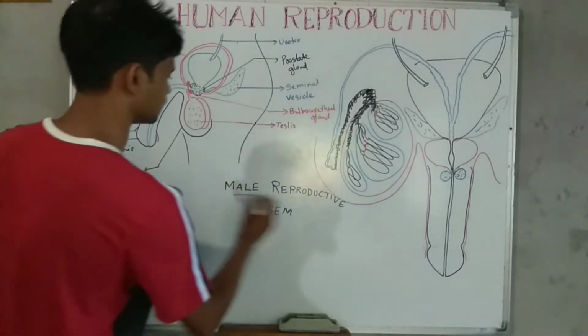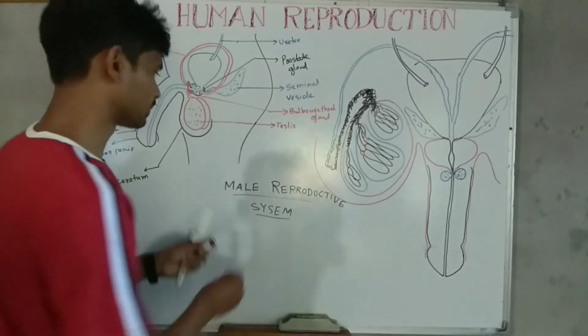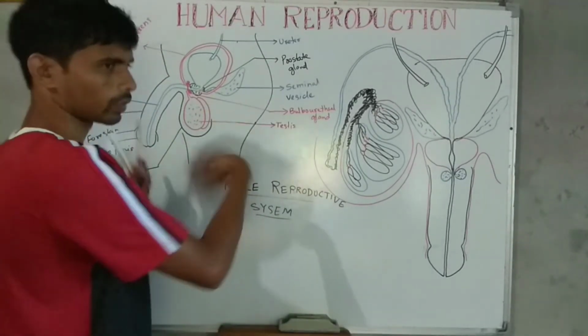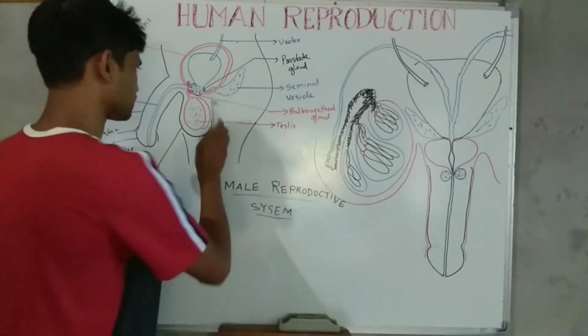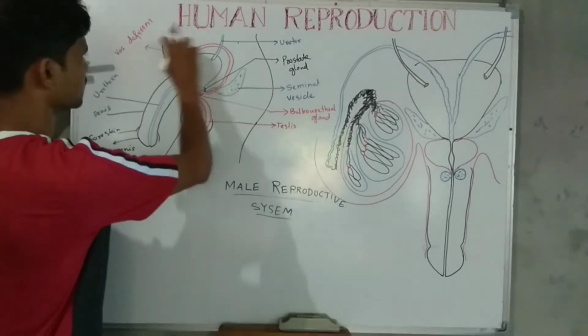Male reproductive system. Here at first we have to get acquainted with the diagram. Here you can see clearly.